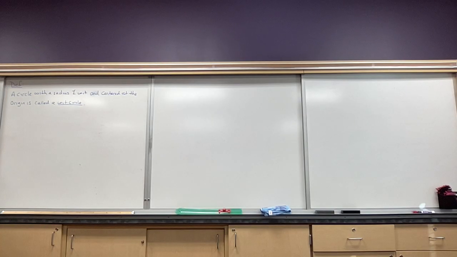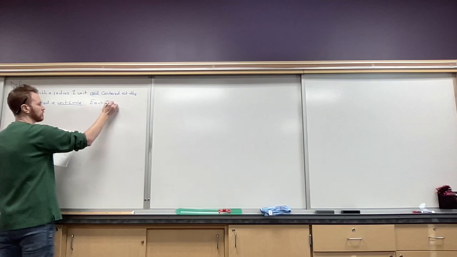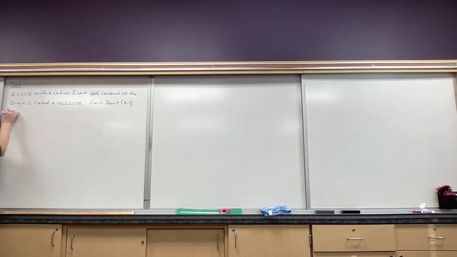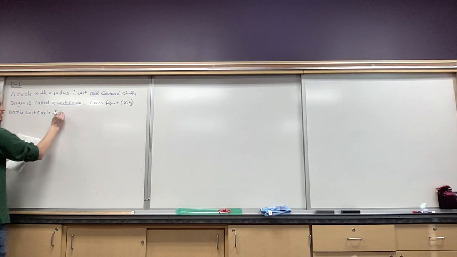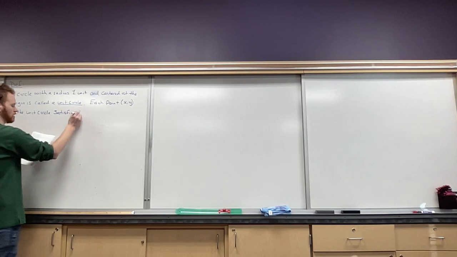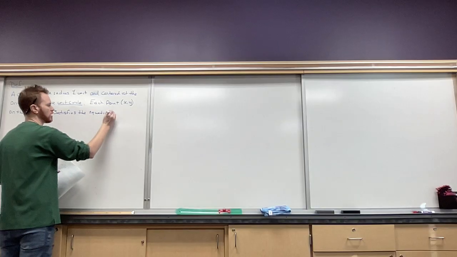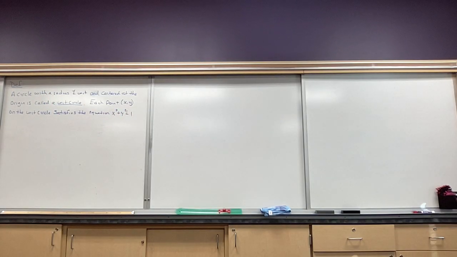Each point on the unit circle satisfies the equation x squared plus y squared equals 1. Okay, so it's just a circle with a radius of 1.